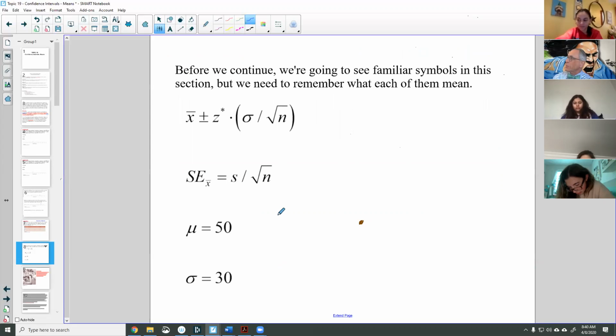Okay, so we're going to see some very familiar symbols in this chapter, but we need to remember what each of them mean. So let's play with the magic bowl and see if we can remember what they mean. I'm going to go from 1 to 25.